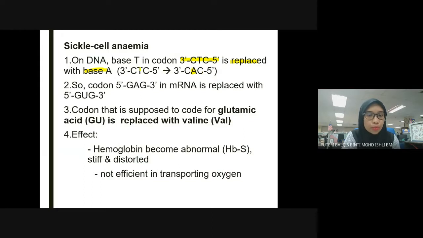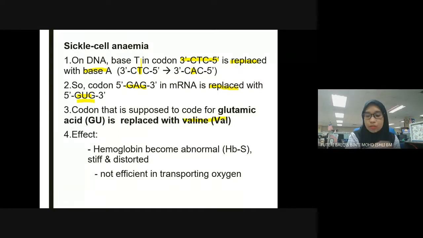So it's supposed to be T, but it is replaced with A. So what happened is, the codon GAG in mRNA is replaced with GUG. So this codon GAG will code for glutamic acid. But once it is replaced with GUG, it will code for valine.